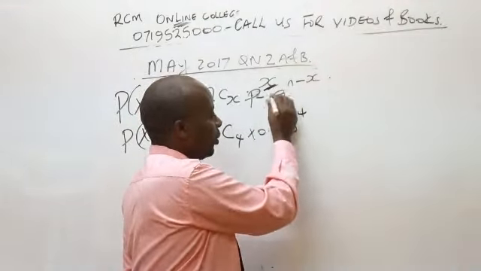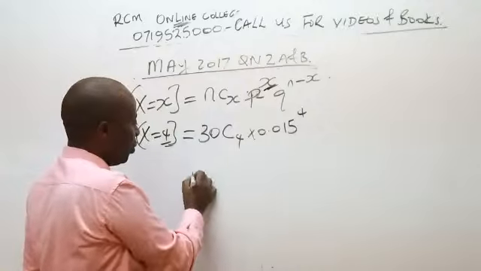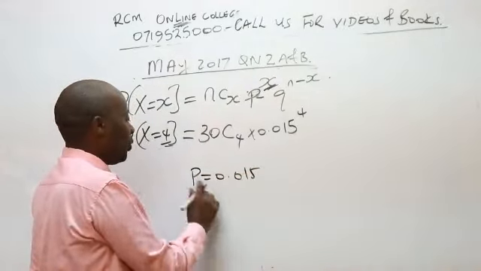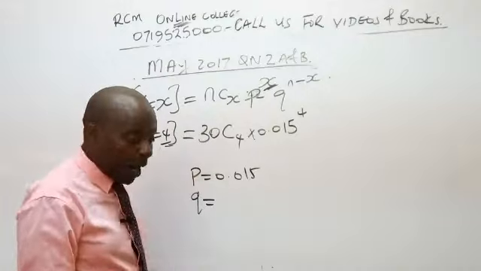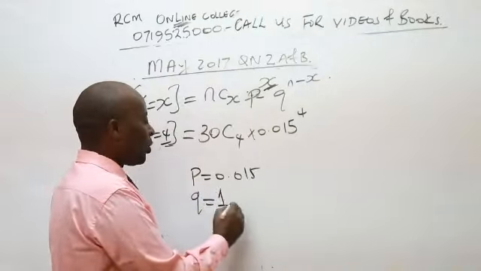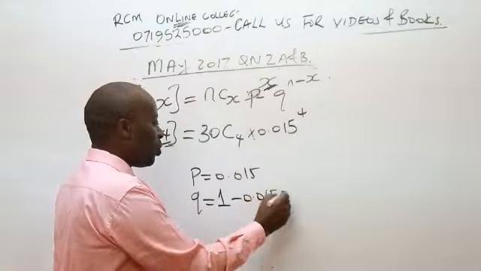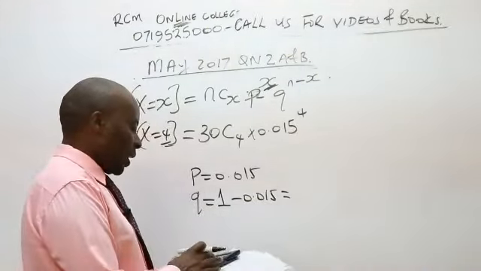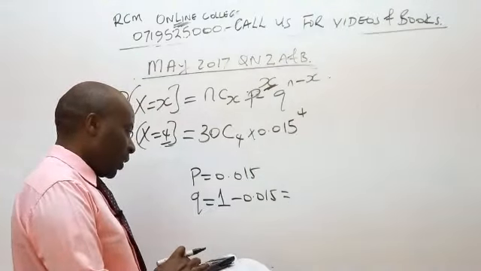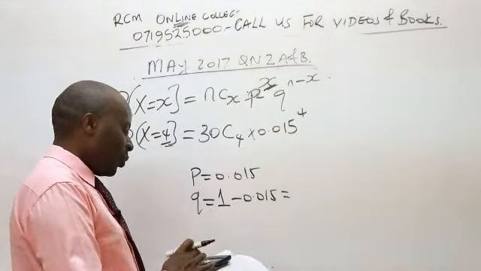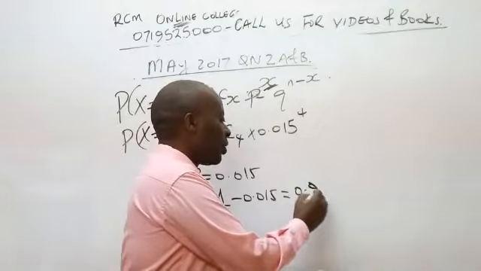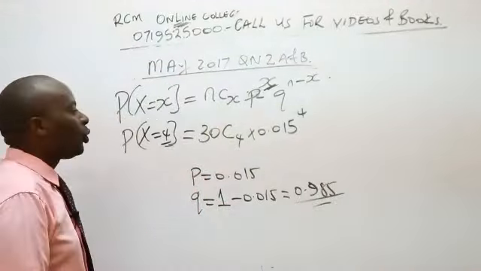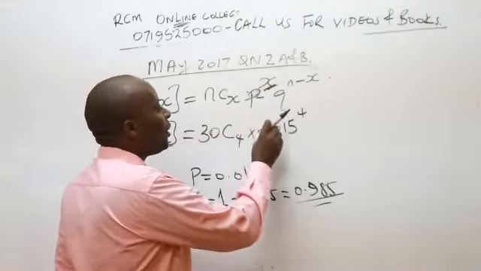And then we have q. I forgot to tell you that if p is 0.015, then q, given that the two must always add up to 1, is 1 minus 0.015, which is 0.985.